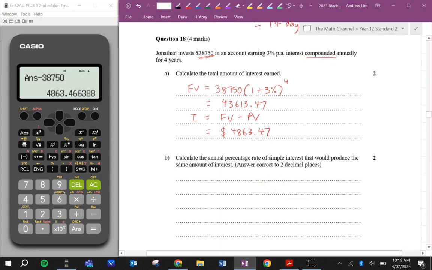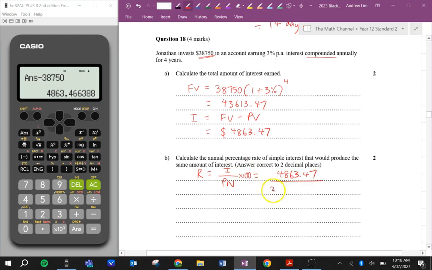So for simple interest, the rate is I over Pn. If the same interest is earned, we should times that by 100 to turn it into a percentage.